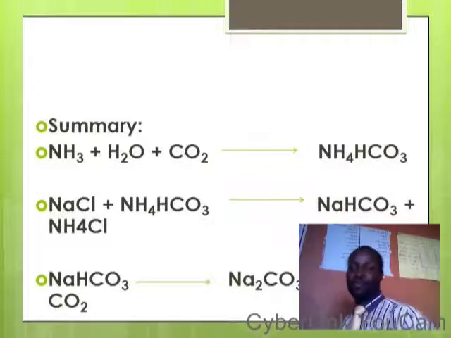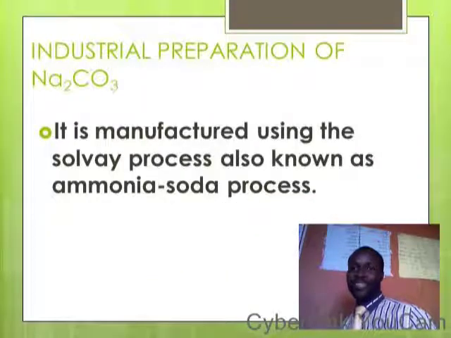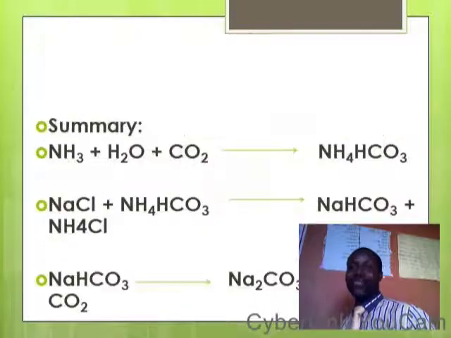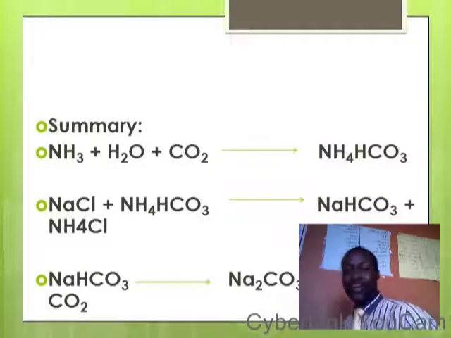Now, Solvay process. If you look at this, you will understand that the industrial preparation of Na2CO3 is called the Solvay process. And this is the overall reaction. NH3 plus H2O plus CO2 go to NH4HCO3, ammonium hydrogen trioxocarbonate(IV).